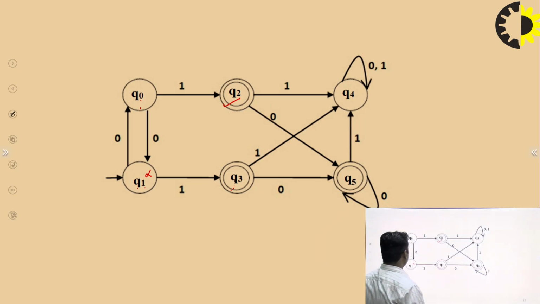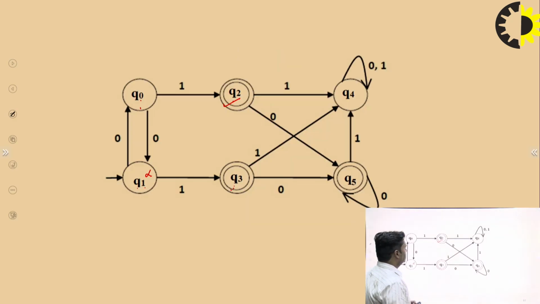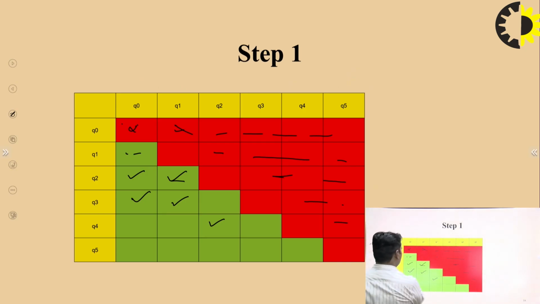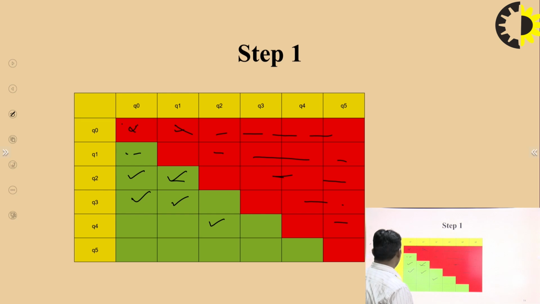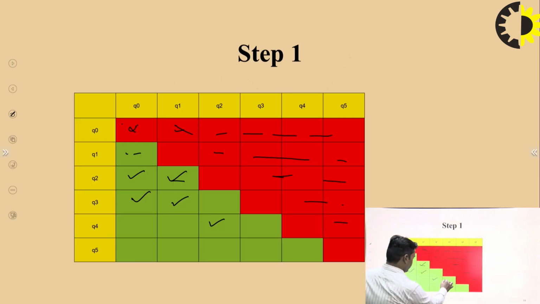One state is final and one state is non-final, so we mark it. Next Q4, Q3. One state is final and one state is non-final, so we mark it.